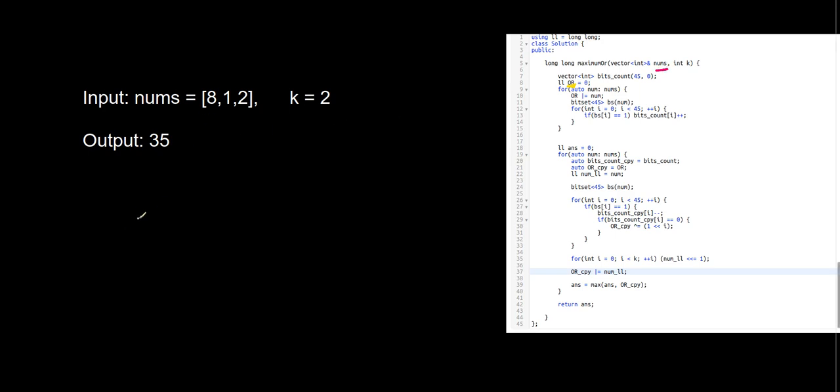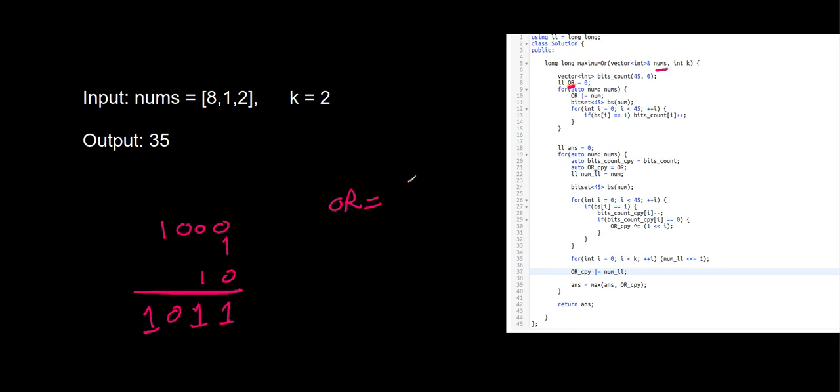So here we have 8 is 1, 0, 0, 0, then we have 1, then we have 2, 1, 0, and the OR of these values is 1, 1, 0, 1. So OR initially equals this value, 8 plus 3, 11.